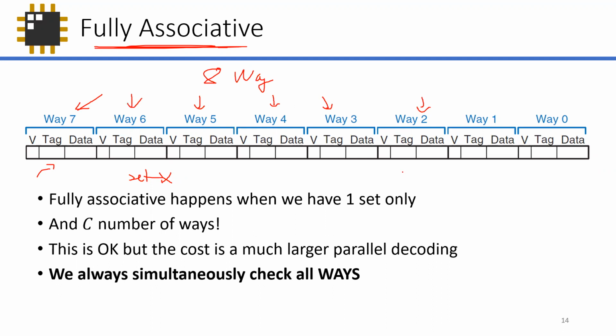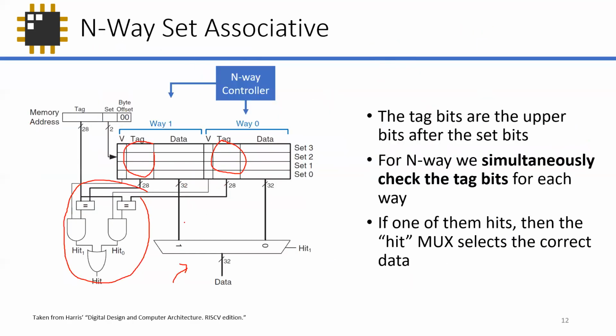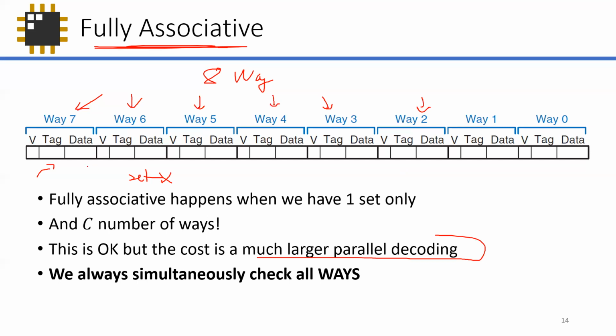The only cost here is that you have a much larger parallel decoding, right? So if you go back here, originally in the two-way set associative, you're going to compare 2 sets of data at the same time. In an 8-way set associative, you're going to compare all 8 of them at the same time.